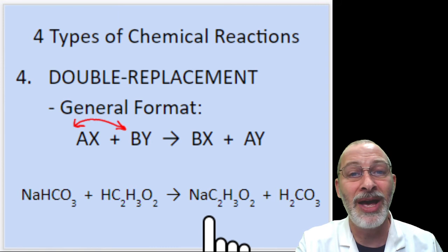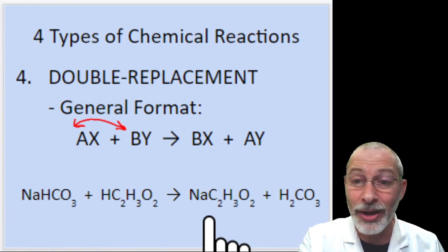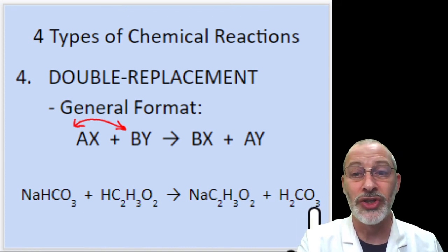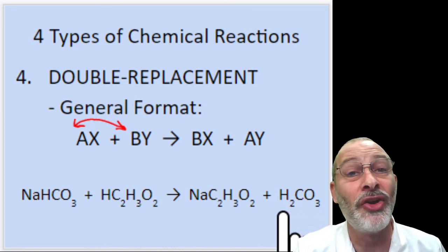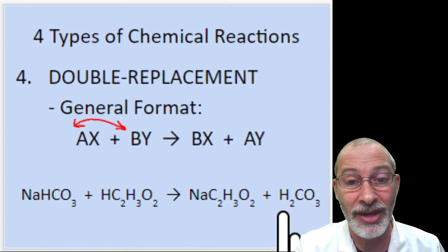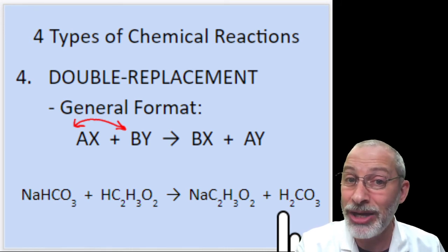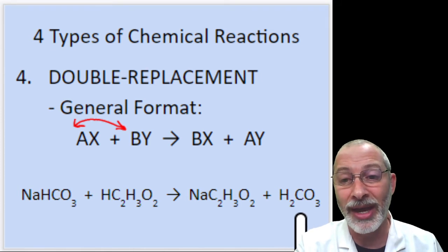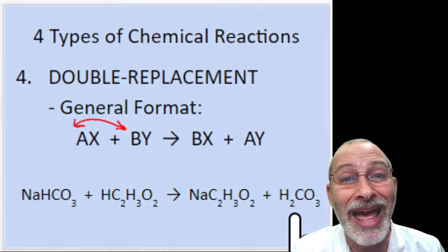This is called sodium acetate. And likewise, the HCO3 no longer has sodium in front of it, it has another hydrogen in front of it. And so since there's two hydrogens, we put the subscript of 2. This, by the way, is carbonic acid.